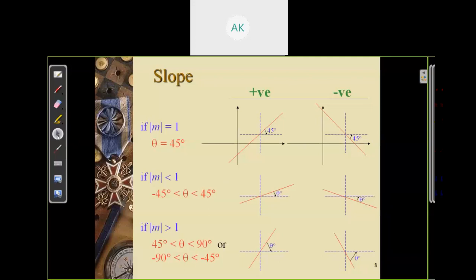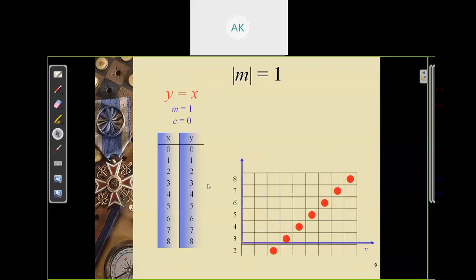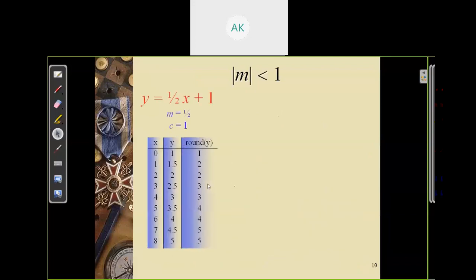And when m is exactly 1, both x and y change with unit interval. No?